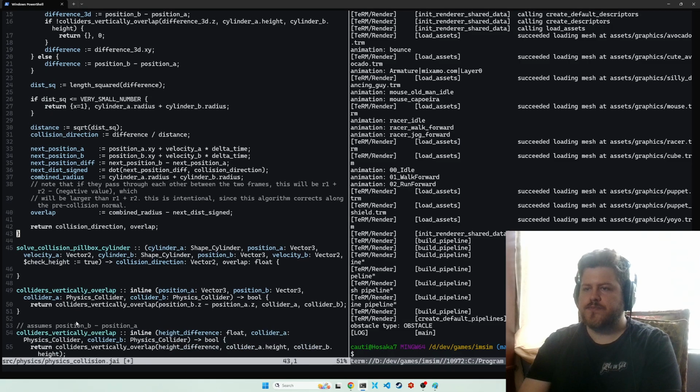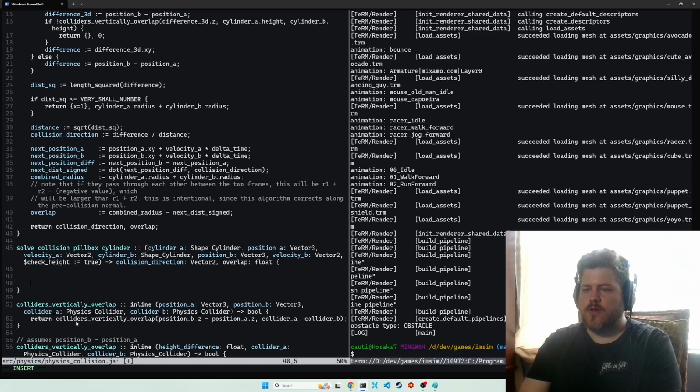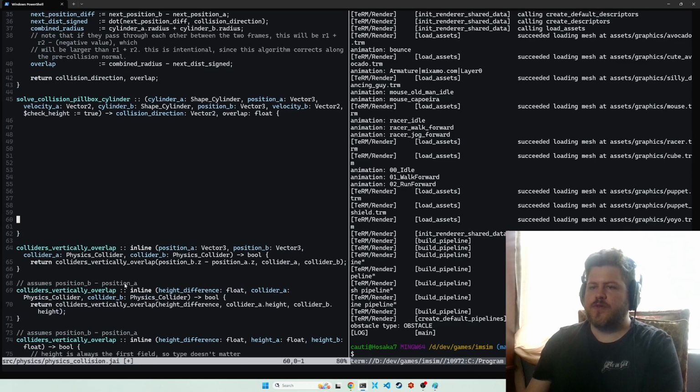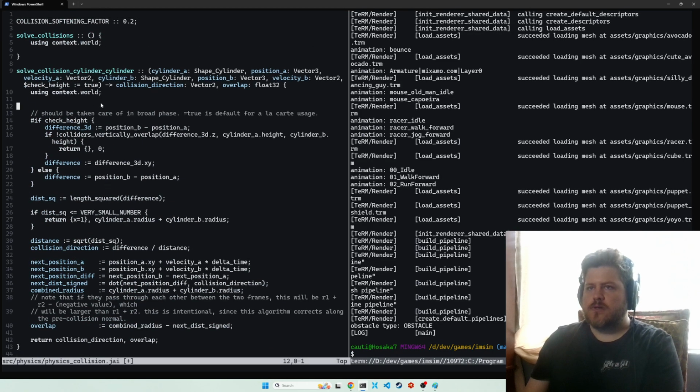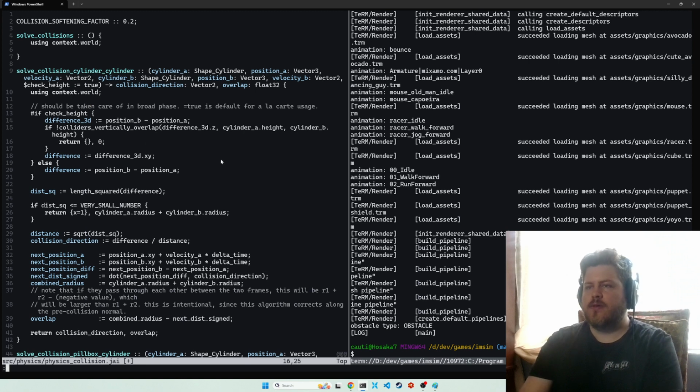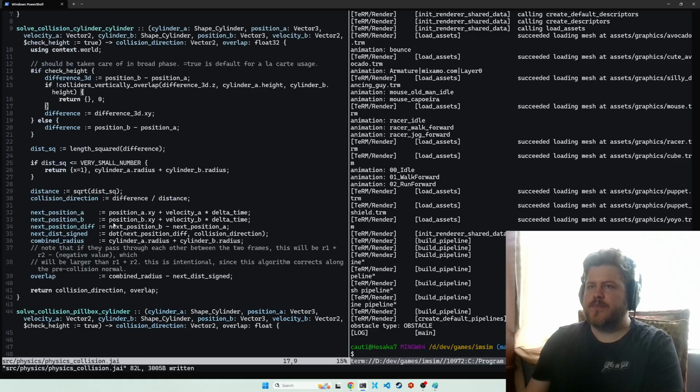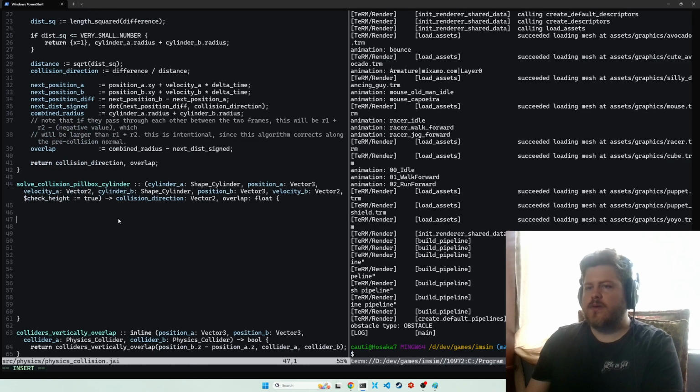Okay. Let's make all this space here. So this is where the new solver is going to go. Let's see. I'm not going to worry about check height right now. That's not important. Okay.